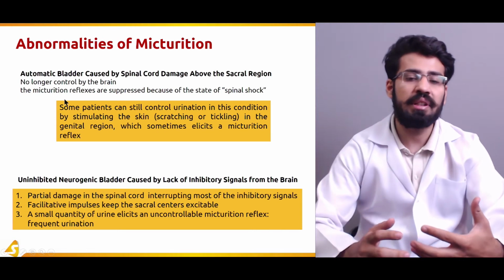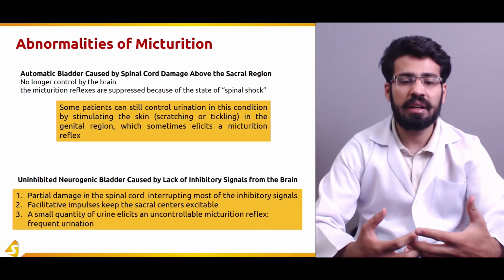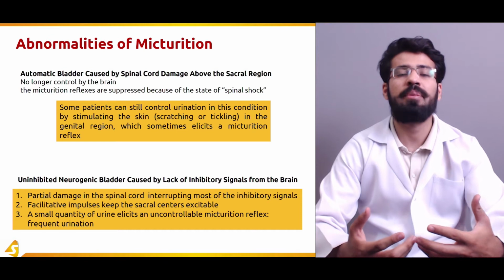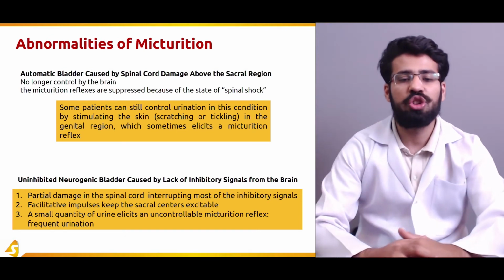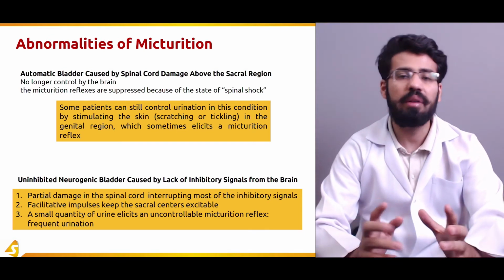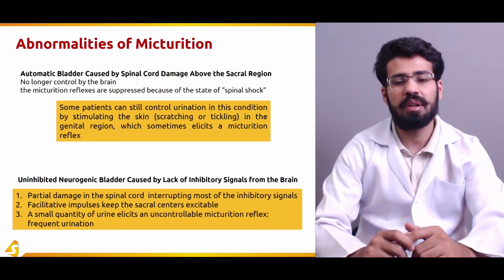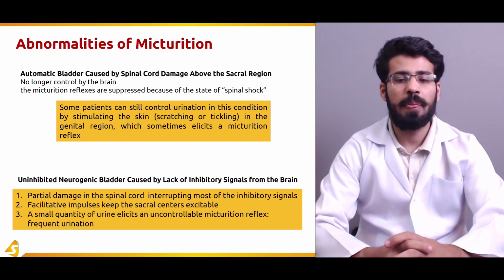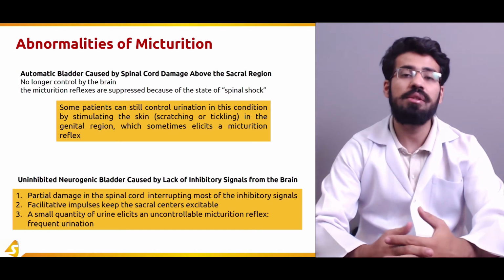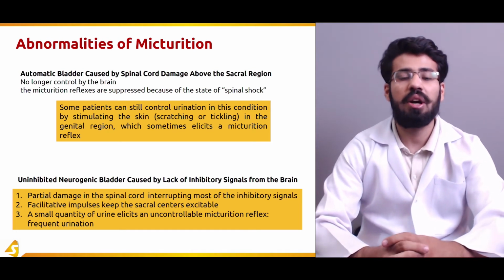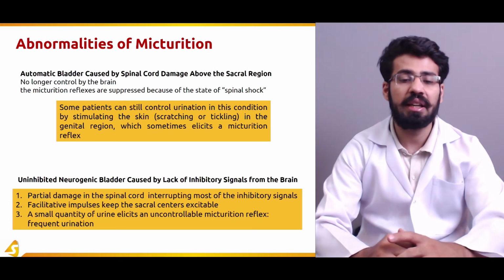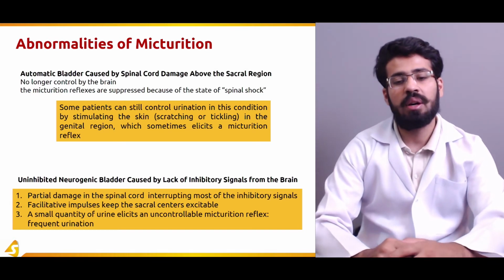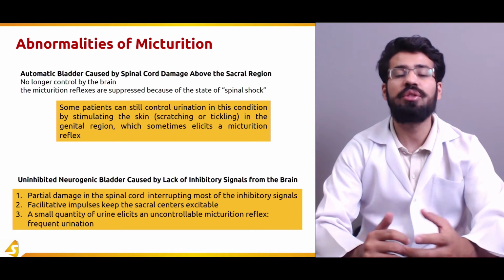So the micturition reflexes will of course be suppressed because of the state of spinal shock. However, many of the patients in this scenario can still control urination, and how can they do so? They can do so by stimulating the skin, either by scratching or tickling in the genital region, which basically elicits a micturition reflex.